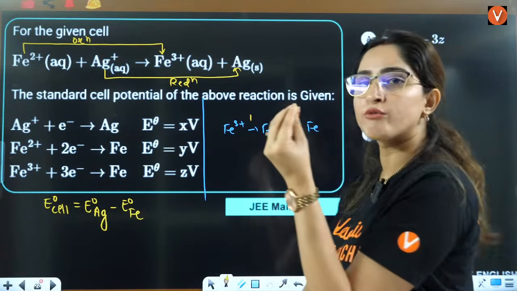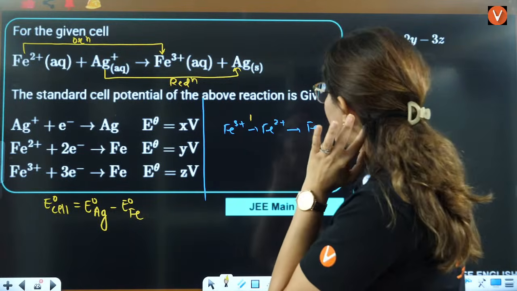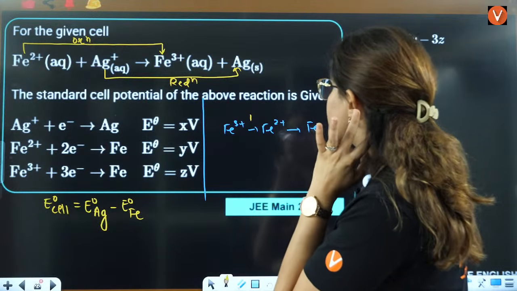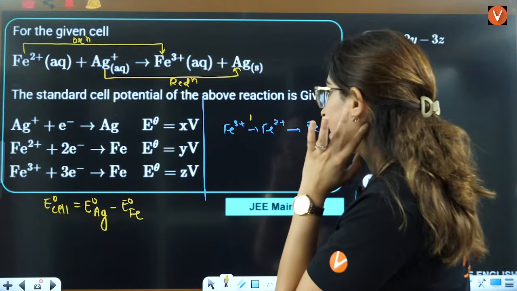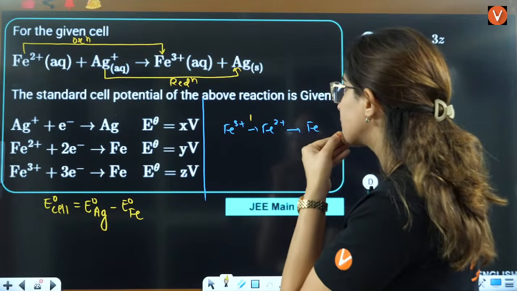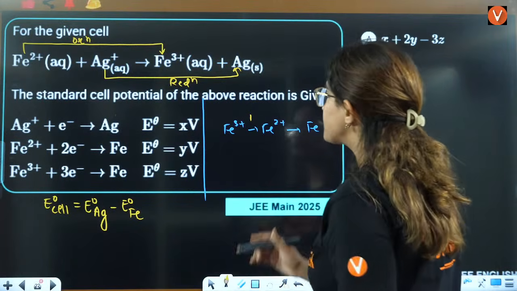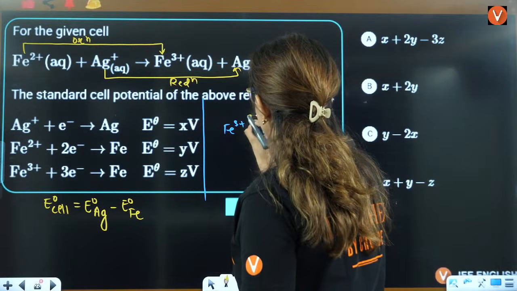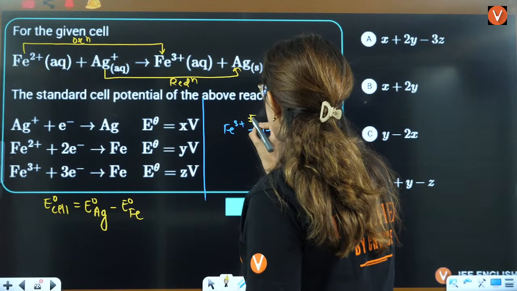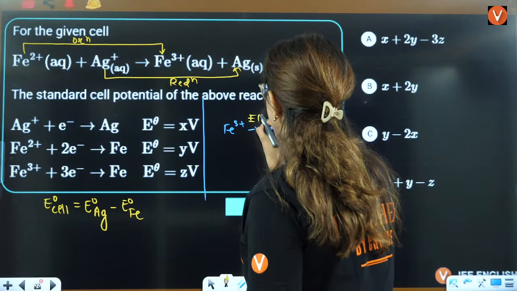You will have to calculate the reduction potential here. I will take it as E. Number of electrons is 1, so I will multiply it by 1.